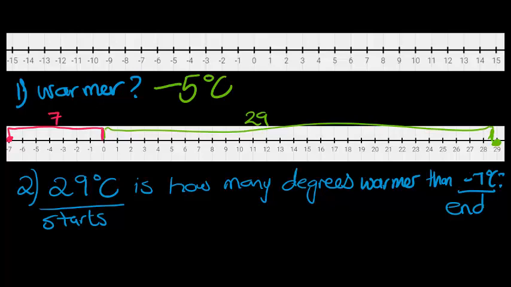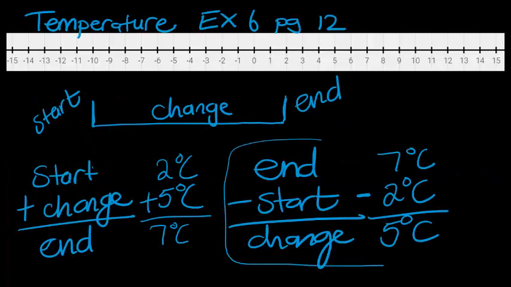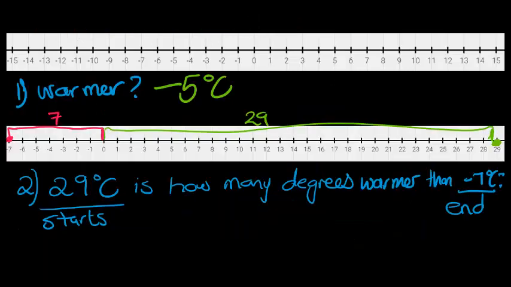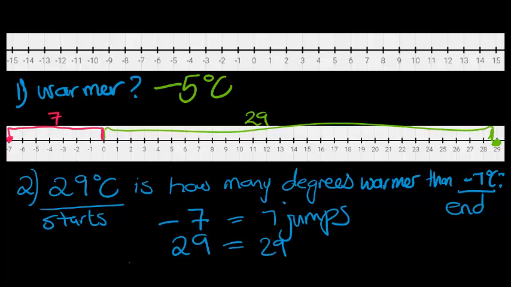That's the question. So we're going to go back to our process. We start with the end, then subtract the start, and we'll have the change. Our ending is negative 7 degrees, and our starting point is 29 degrees. So negative 7 minus 29 gives us a change of, 9 and 7, I'm adding them up, 9 plus 7 is 6, carry 1, 2 and 3 is 36.